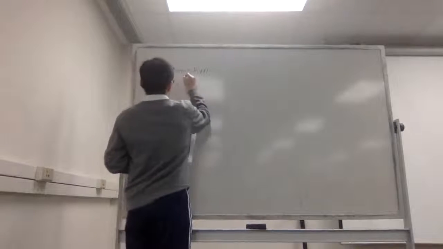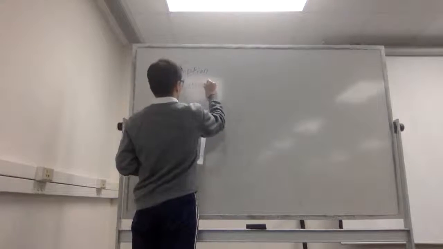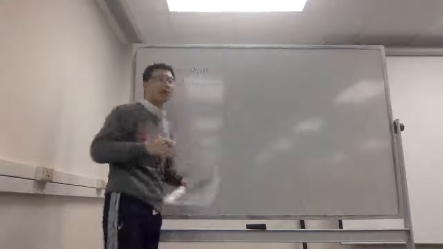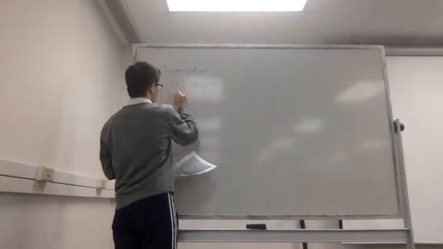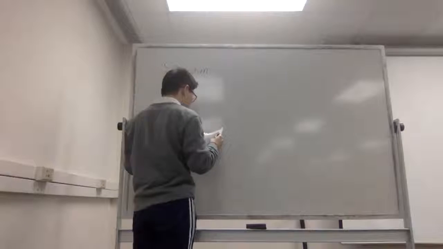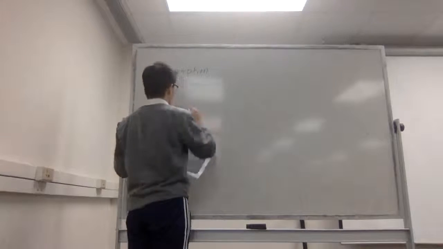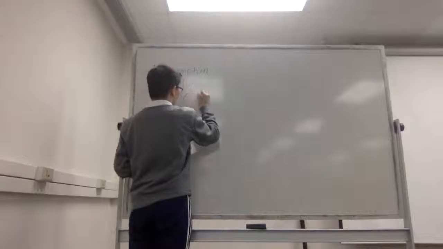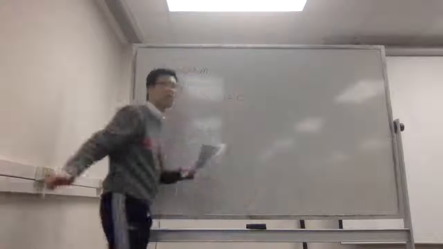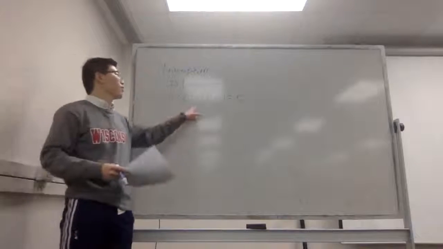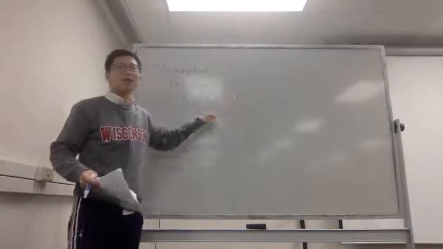So the first one is linearity, which is obvious. There is a linear relationship between y and x. And the second assumption is that the covariance of x and e is 0. That is another assumption.